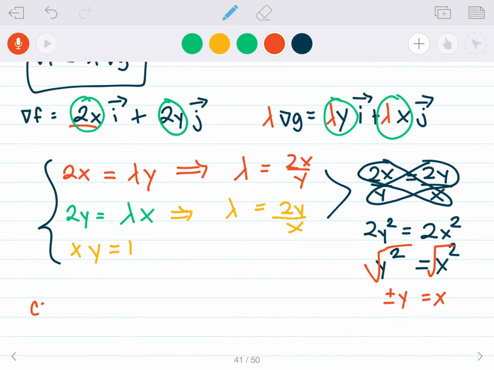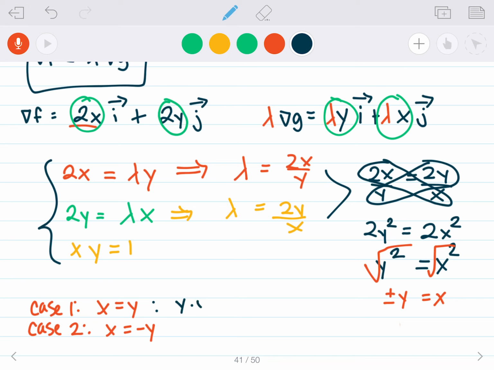So we have case 1, x is equal to y, and case 2, x is equal to minus y. If x equals y, I see an equation that just involves x and y, so let's use that one. When x equals y, I'm simply plugging in y in place of x.